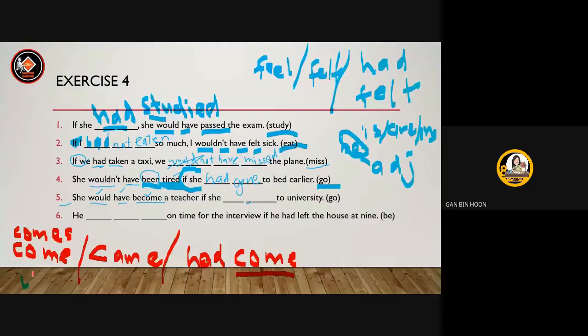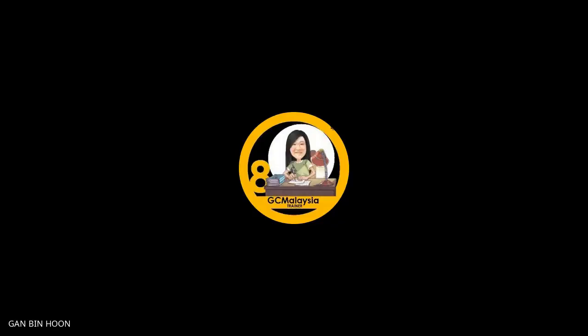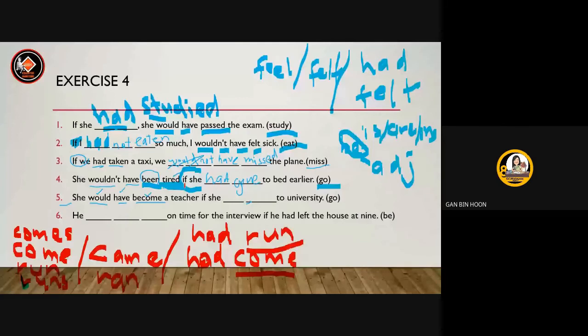Okay, for example, run. It can be runs. R-U-N-S, runs. But past tense dia adalah ran. Am I right? Ran. Yeah, ran. Tapi bila dia balik kepada past, dia pergi kepada perfect. Dia ada jadi had run. Dia balik kepada asal dia. So that's why you see here, she would have become a teacher. So dia jadi become.